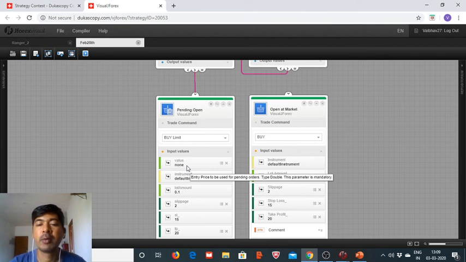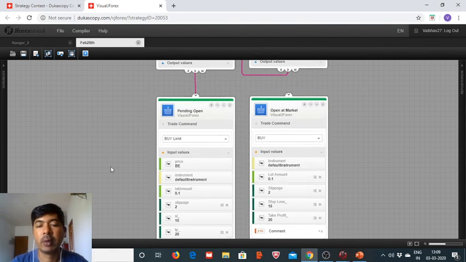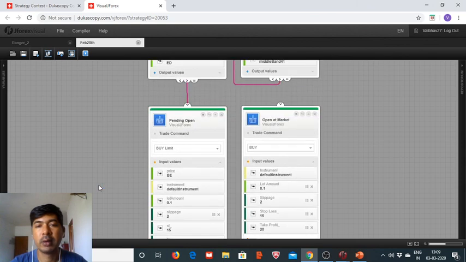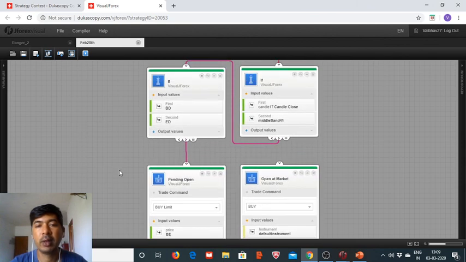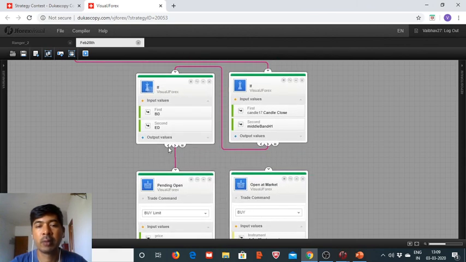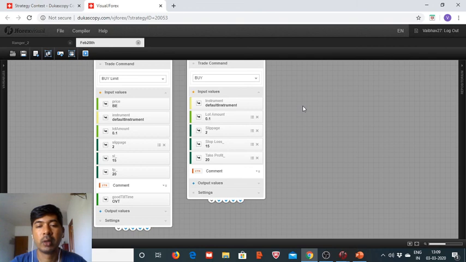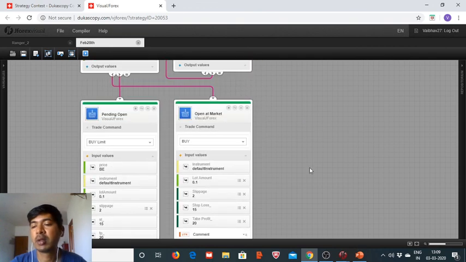This is the BE where we have defined that 10 pips should be subtracted from the last tick, and this order will be placed for 2 hours validity, OVT. So that's it. And when that's not the case, when it is below 10 pips, then the order will be executed as per the market open. So this is the difference.